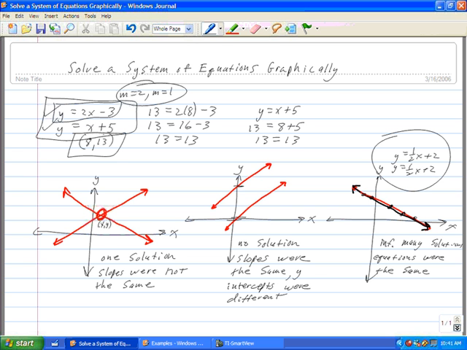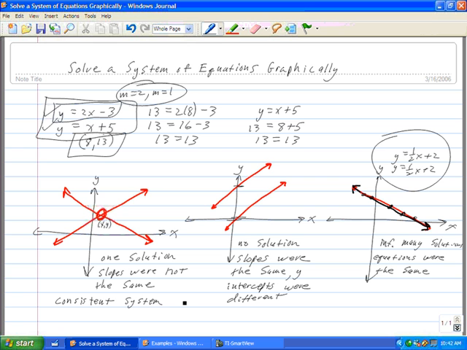Now we have words to describe these three cases. Of course, each case implies a different number of solutions. One solution, none, infinitely many. When you have only one solution, because of the slopes being different, causing this intersection, this is referred to in most books as a consistent system.